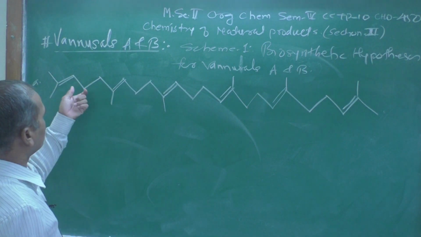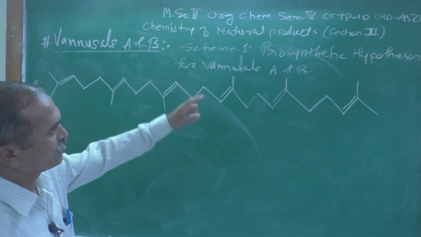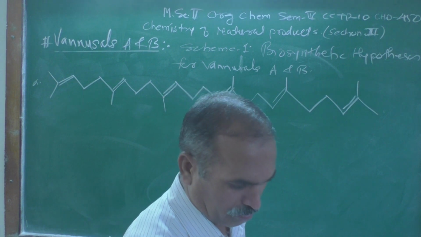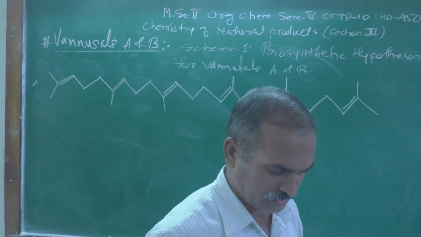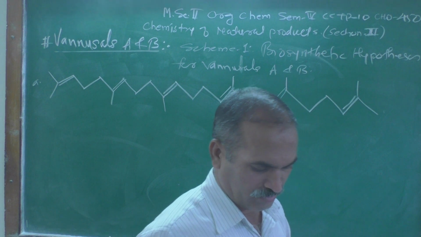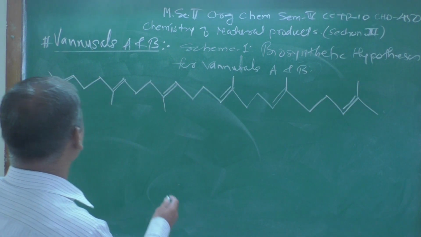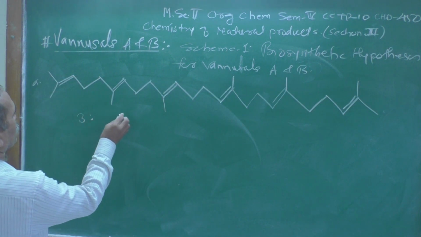In between there are CH2, CH2, CH2, CH2, CH2, CH2. If you count the number of carbon atoms, then you will find this is the structure of squalene 3.